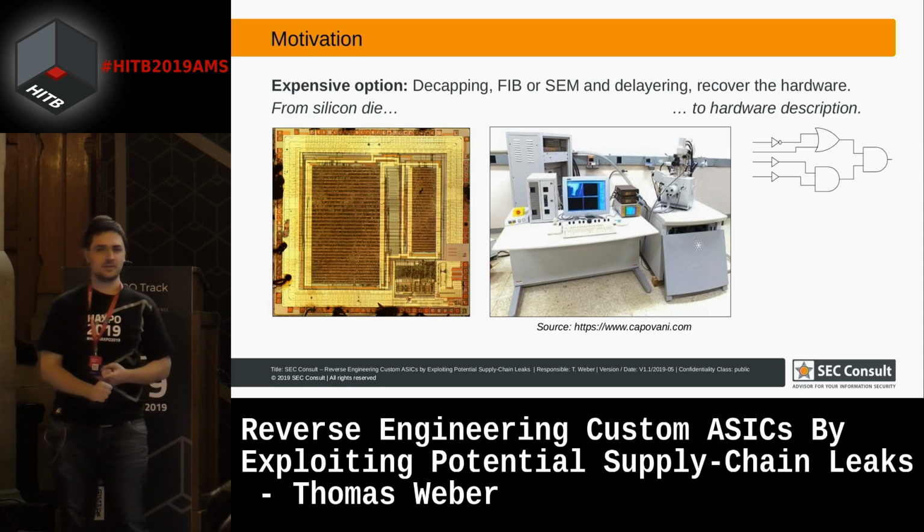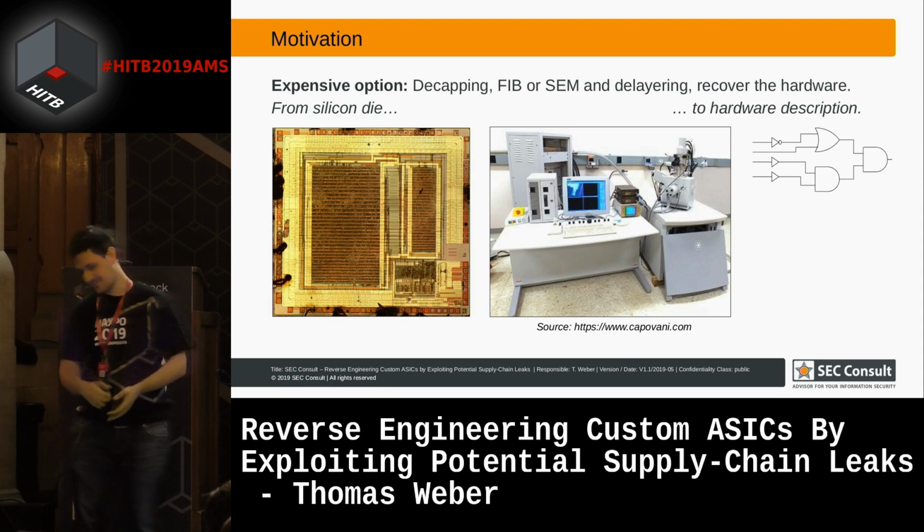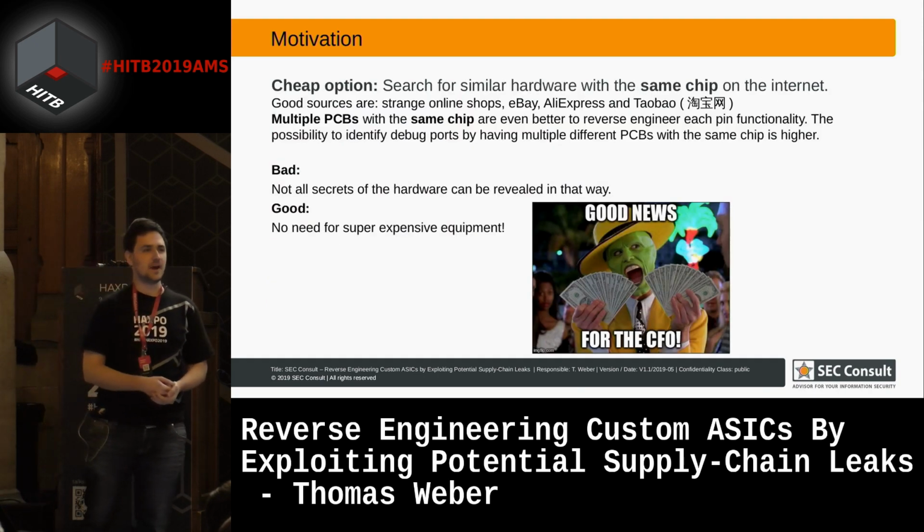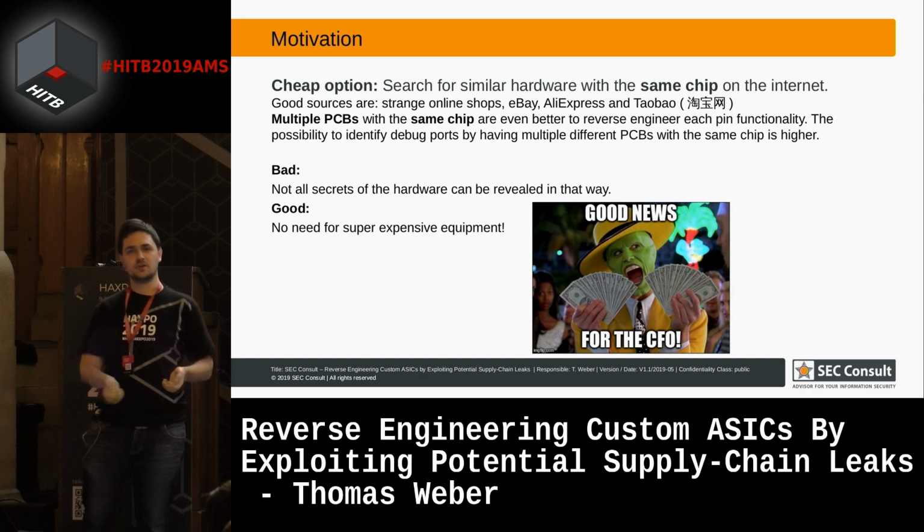No, I don't have a lot of money and a lot of time, so I used the cheap option: buying a lot of PCBs, which you can find on the internet, which have the same system on chips as the PLCs, and starting to reverse engineer.